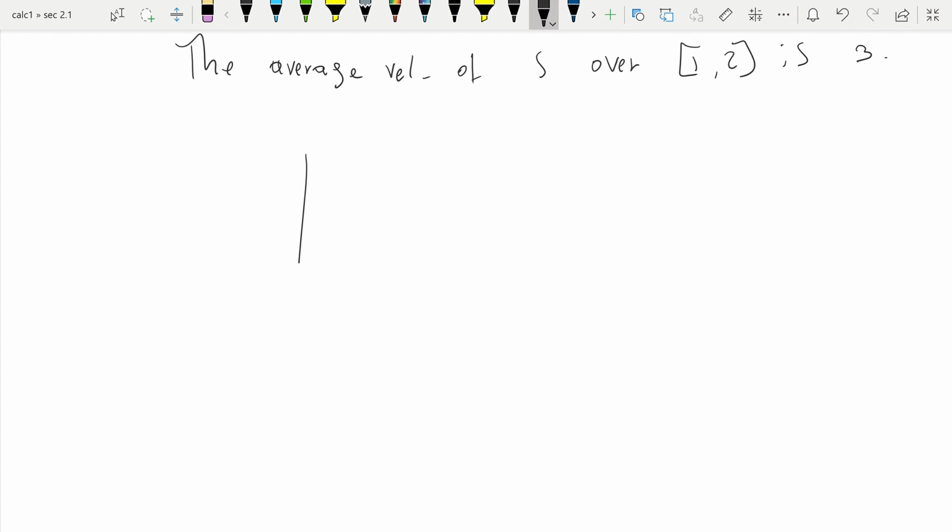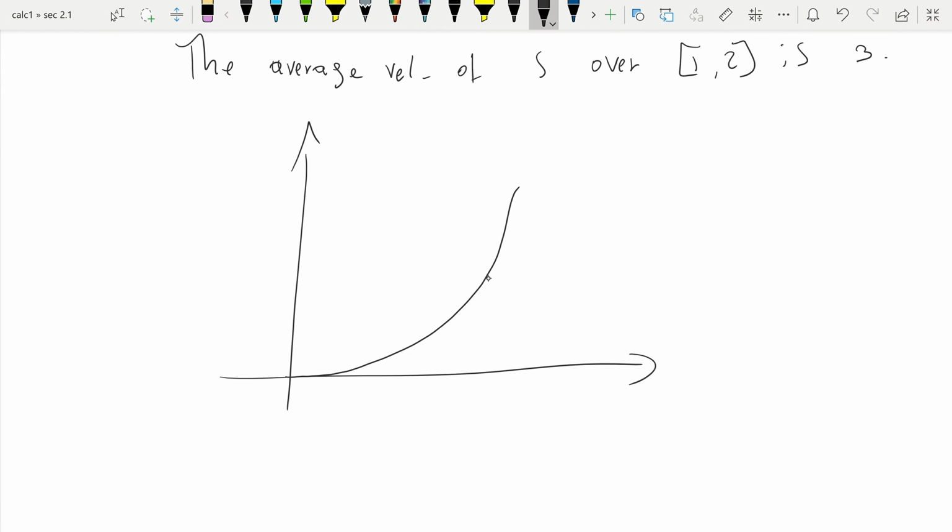So in the graph, this is s of t, and if this is 1 and this is 2, this is 4, this is 1, so we're computing this slope, so this is delta s, and this over here corresponds to delta t.